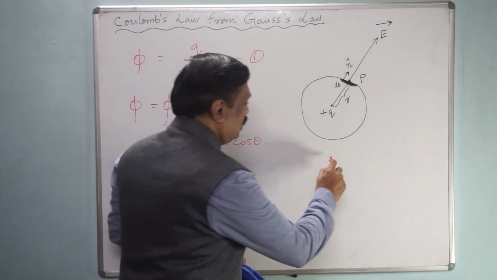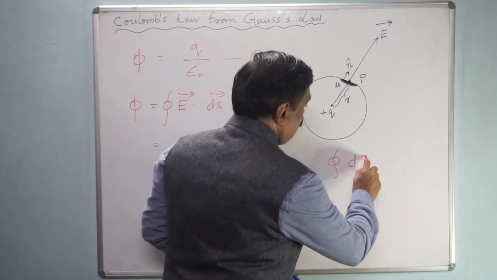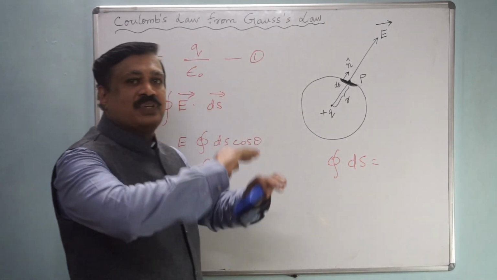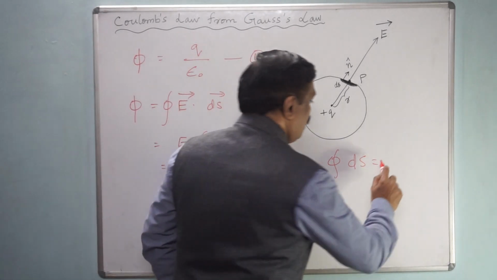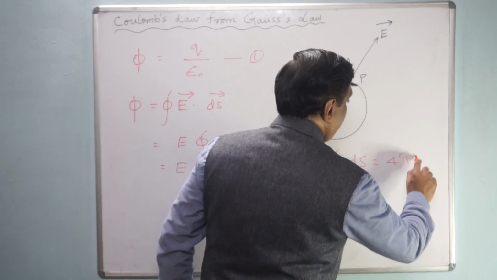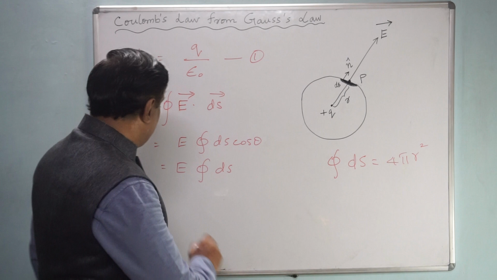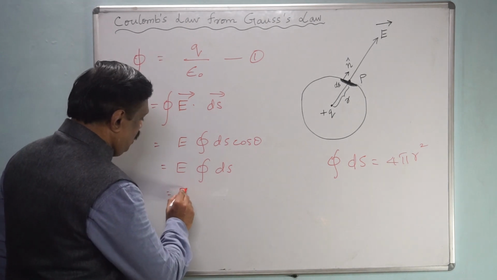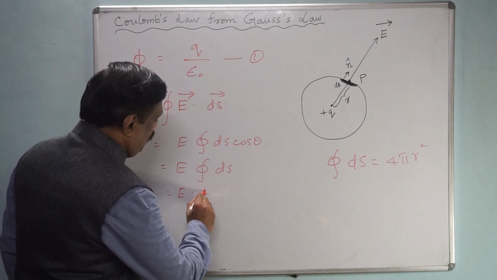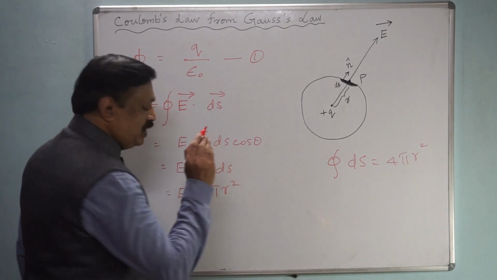Because you are considering a sphere, the surface integral of ds is the area of the outer sphere, which is equal to 4 pi r squared, where r is the radius of the sphere. Therefore, you will have E into 4 pi r squared.